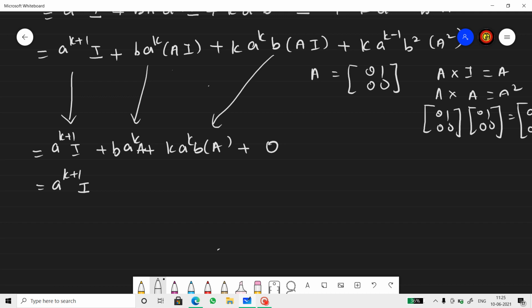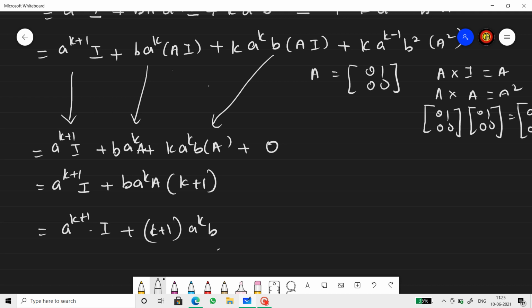Now from the next two terms I can take B A^k and A common out. Remaining is k plus 1. So the answer is A^(k+1) into I plus (k+1) times A^k BA.